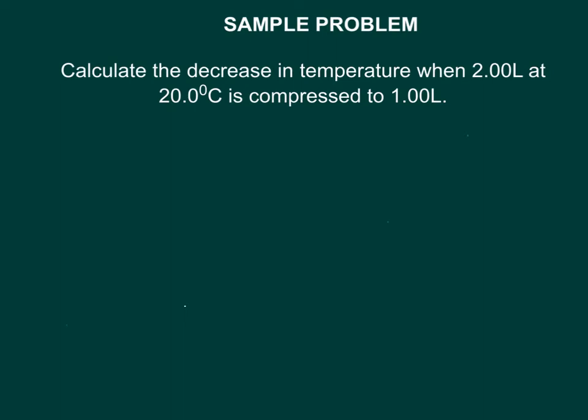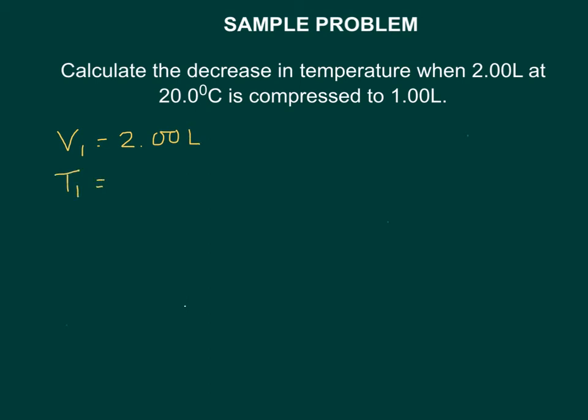Let's take a look at a sample problem. Calculate the decrease in temperature when 2 liters at 20 degrees Celsius is compressed to 1 liter. Again, as with all gas laws, we are going to start by listing our variables. V1 equals 2.0 liters.